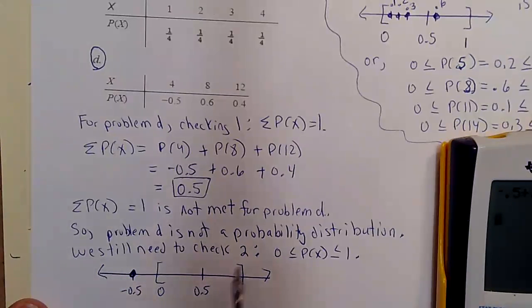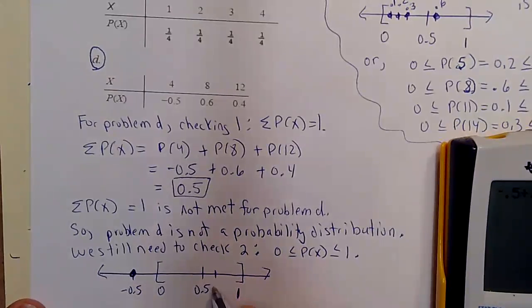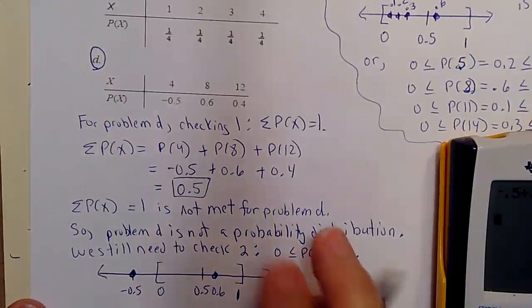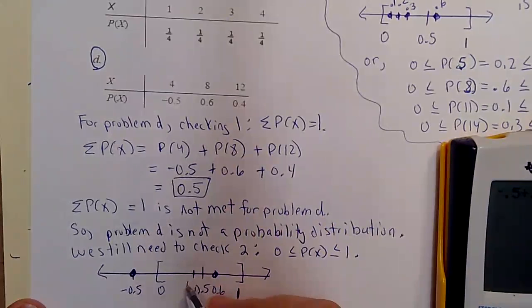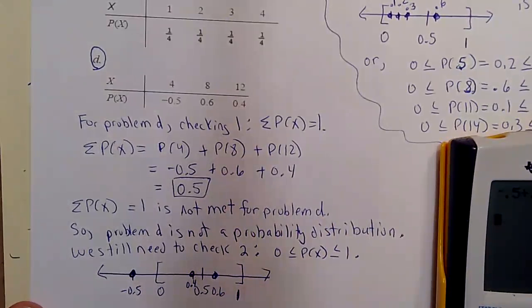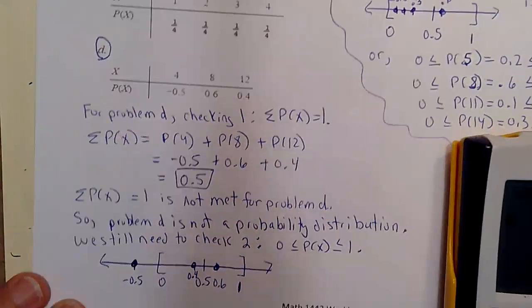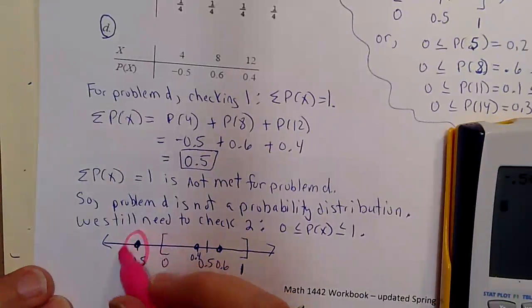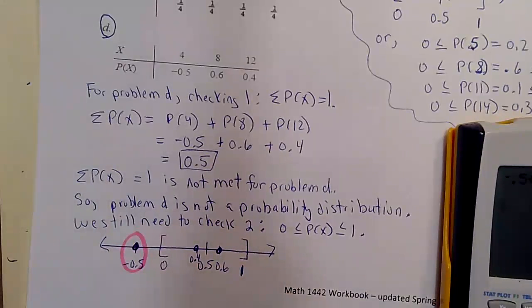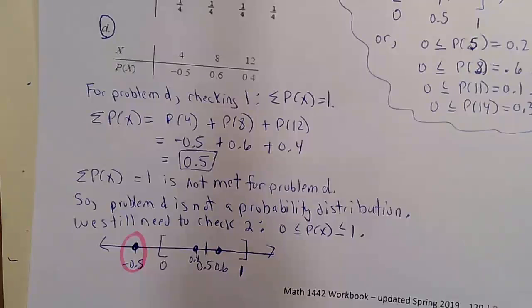Let me just check out the other ones. 0.6 would be about right here. And then the other one is 0.4, which is about right here. Okay. But this is an issue right here, right? That's a trouble spot right there. Okay. So you need to document that.